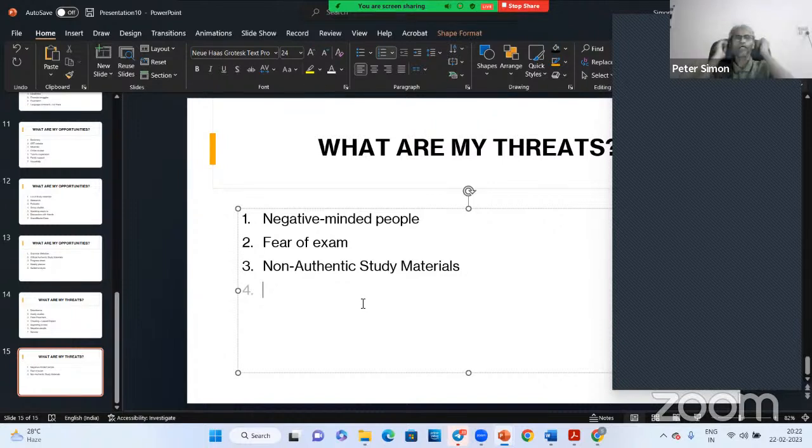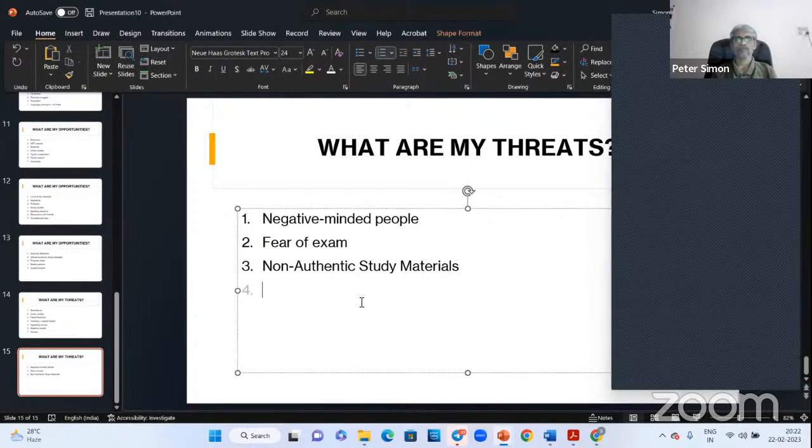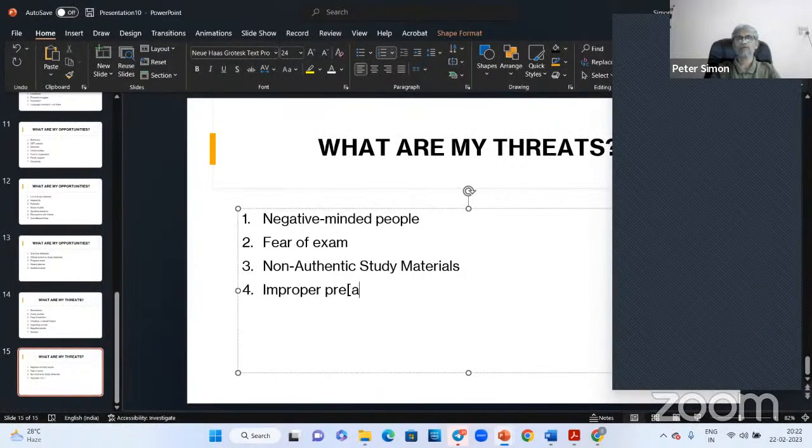So health issues, disturbances, financial struggles, daily responsibilities. Then non-authentic study materials and improper preparation styles.